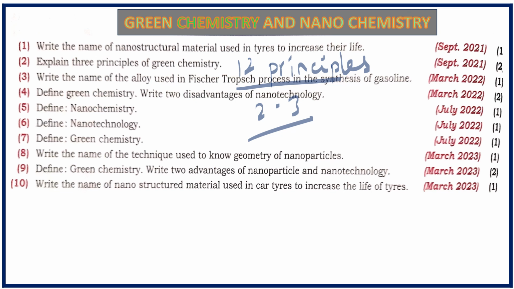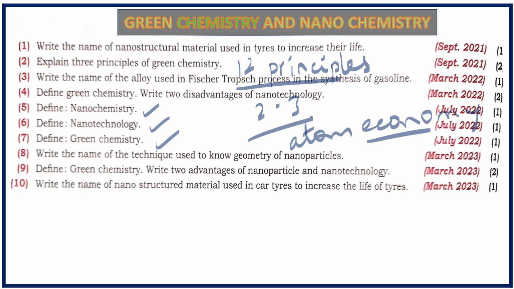Out of these, atom economy is a very important principle. In this, one formula is also there, that you also practice, it is very, very important. Apart from this, simple definitions of nanochemistry, nanoscience, nanotechnology, green chemistry.